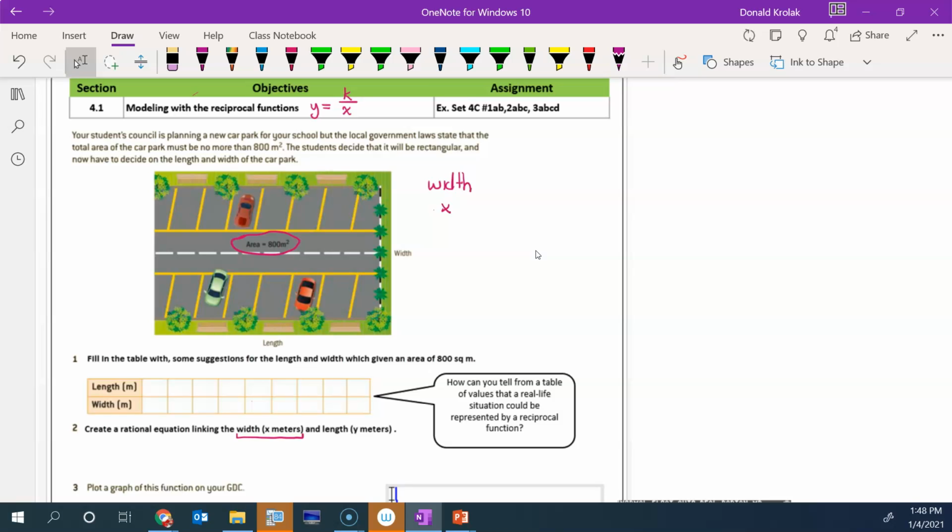That's going to be represented by the letter x. And when I multiply it by the length, that's going to be represented by y, I'm going to get 800. So this is an equation: x times y is 800.